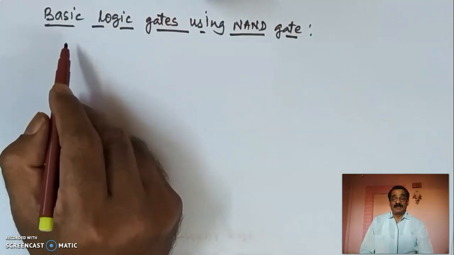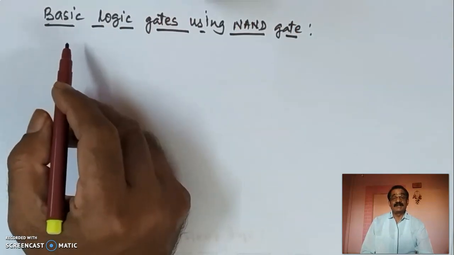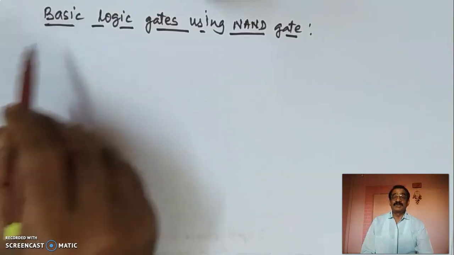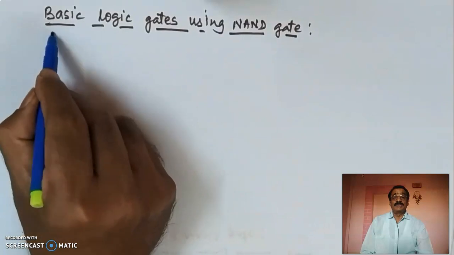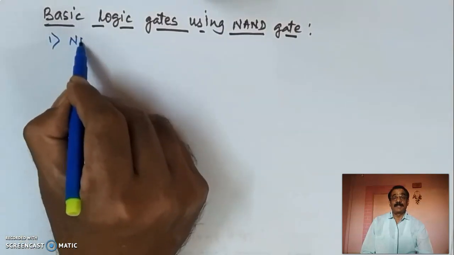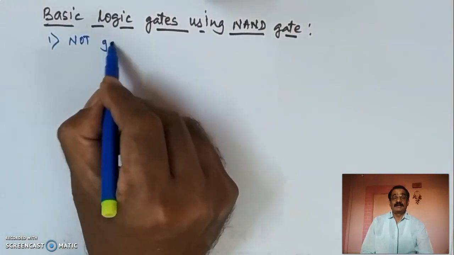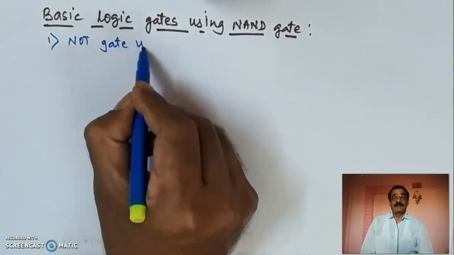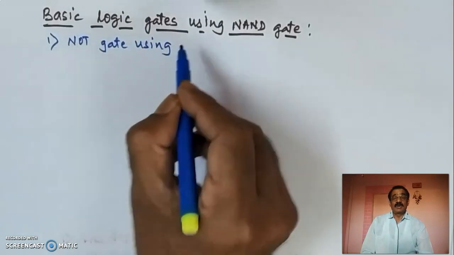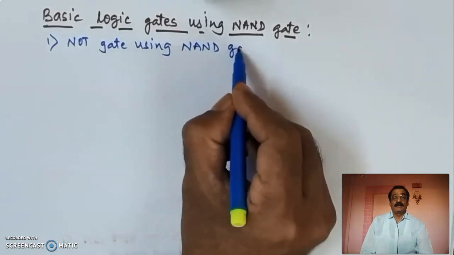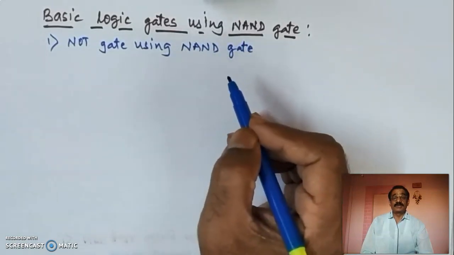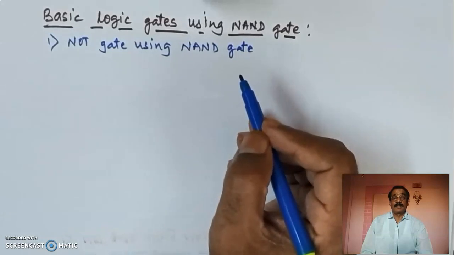Now basic logic gates using the NAND gate. First we will see the NOT gate using the NAND gate. Here draw the symbol of the NAND gate, connect both inputs together and apply the A input.